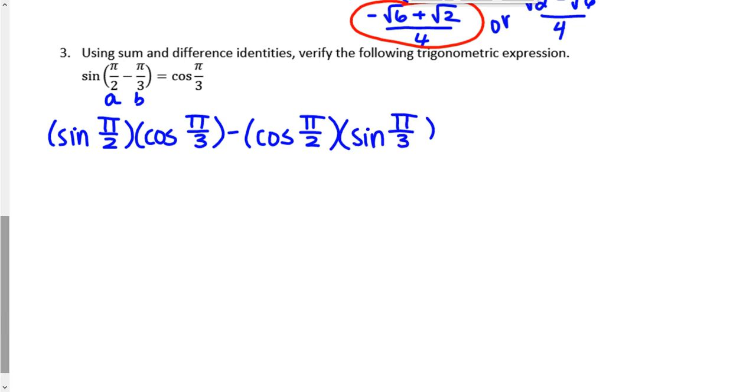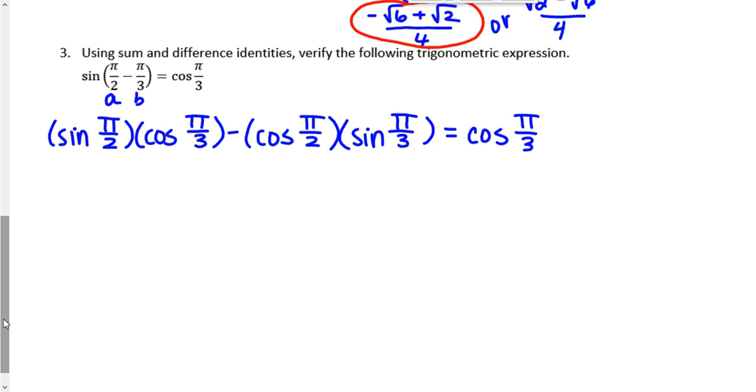Good. And that is all going to be equal to cosine of pi over 3. If this does in fact verify, which I'll go ahead and tell you, it does. We're not going to give you something that doesn't verify just because it gets too complicated. Am I able to figure out the sine of pi over 2, the cosine of pi over 3?